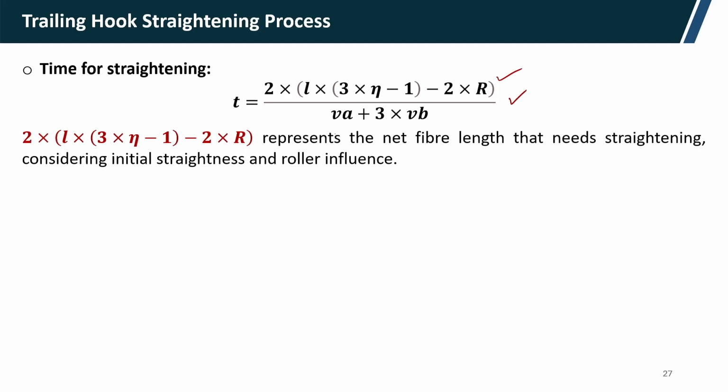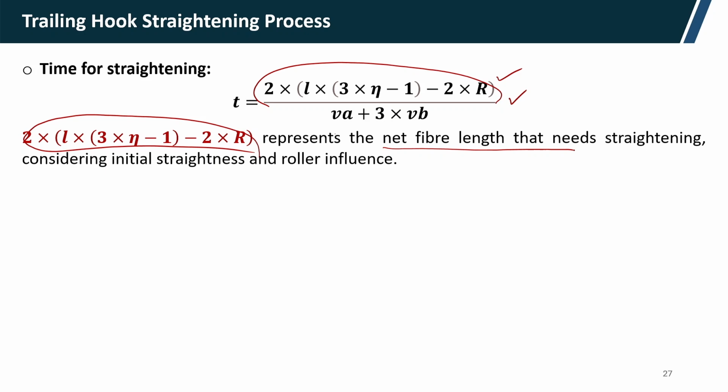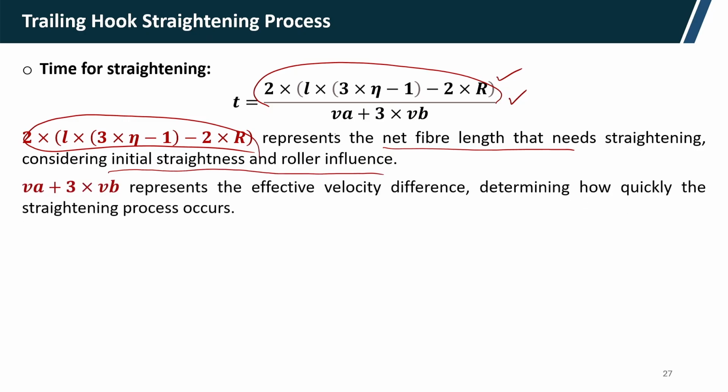The numerator represents the net fiber length that needs to be straightened, considering the initial straightness and roller influence, and the denominator VA plus 3 VB represents the effective velocity difference, determining how quickly the straightening process occurs.